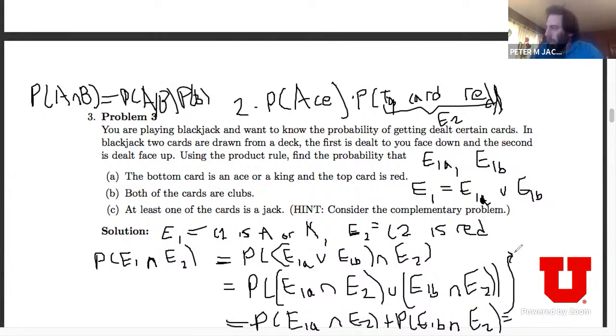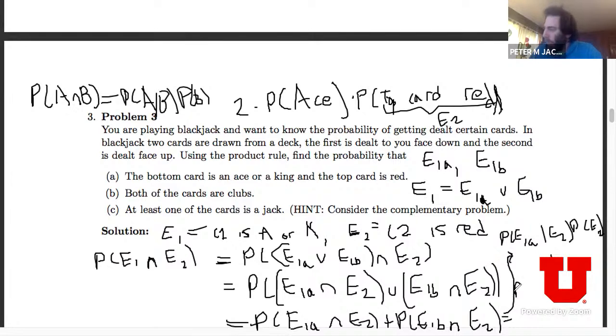So the first term is going to be the probability of E1A given E2 times the probability of E2. And then the other one is the same idea. So this was really all just notation.